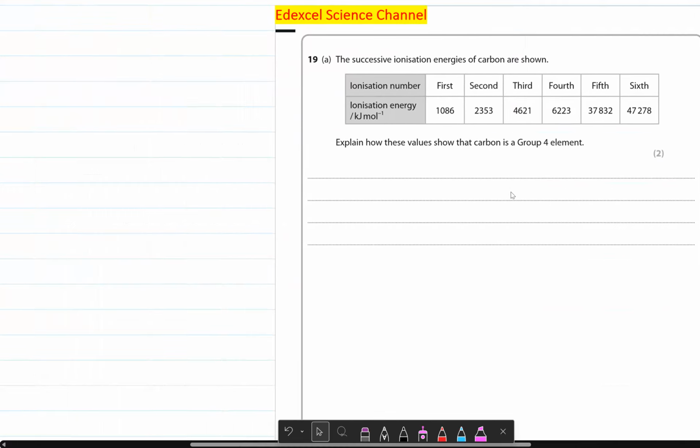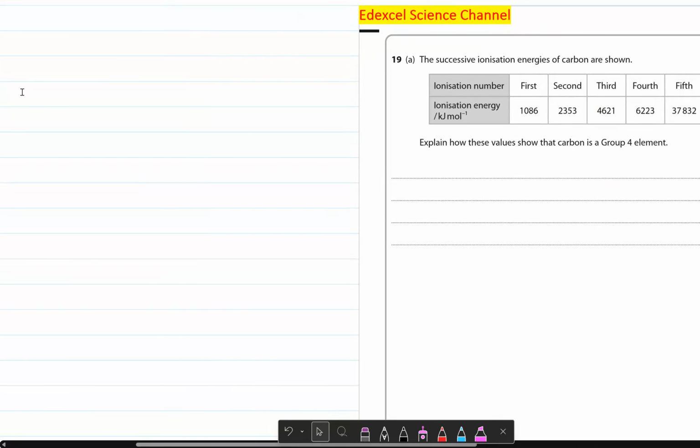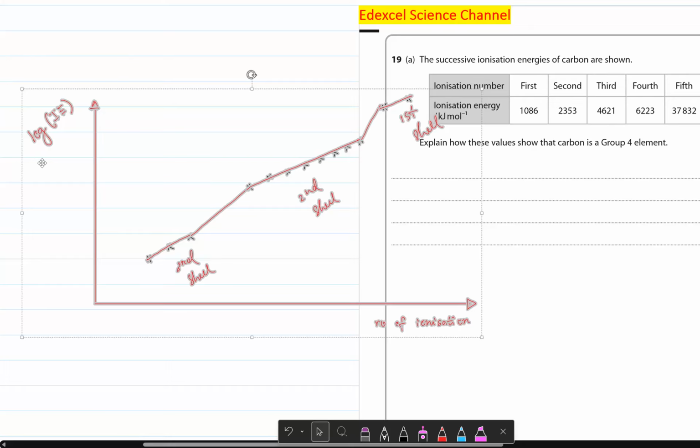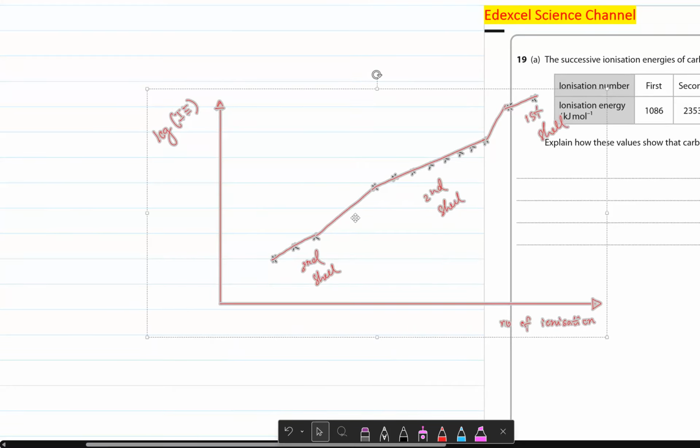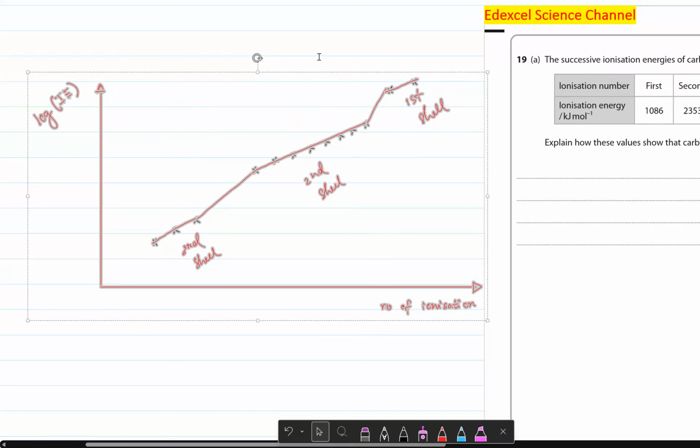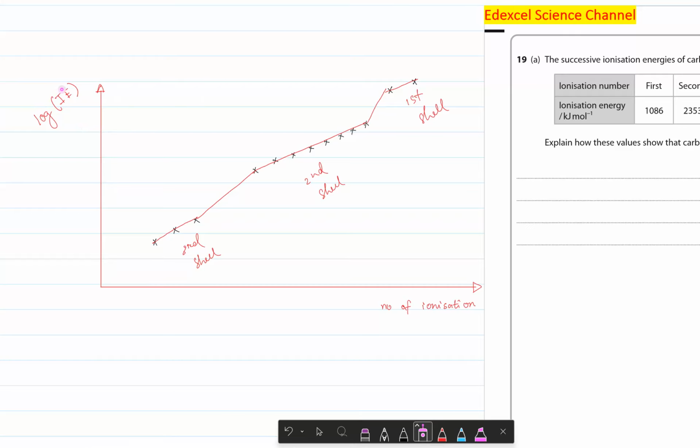Now guys, to answer this question, let me bring the graph that we have in our syllabus, which is this one. If you look at the graph between log of ionization energy and number of ionization, you will see that in a successive ionization trend, they will increase gradually and then suddenly there is a jump.